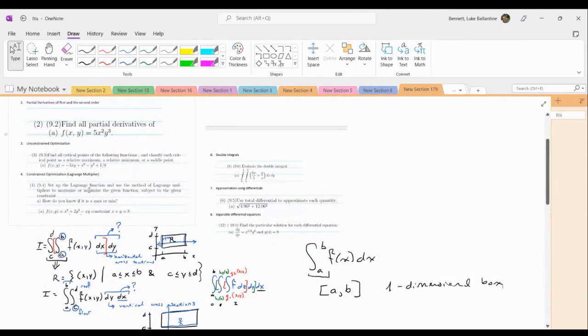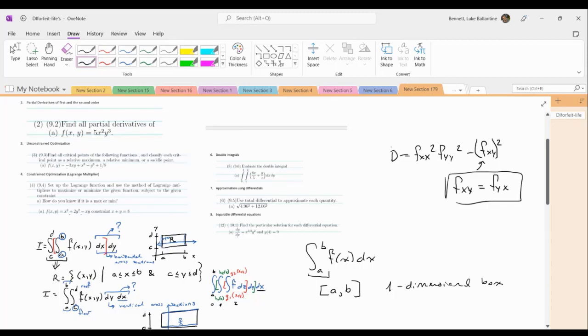The discriminant is D equals fxx fyy minus fxy squared. You need to know this for the exam. This is squared because mixed partials are equal. fxy is fyx always in this class, always. Remember this. So really this discriminant is fxx fyy minus fxy fyx.